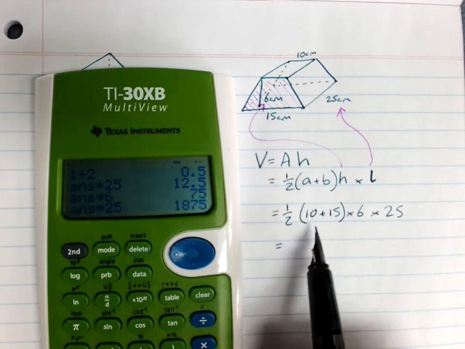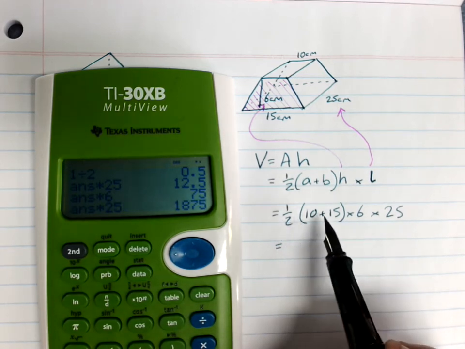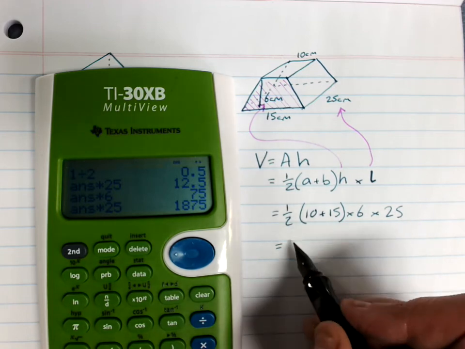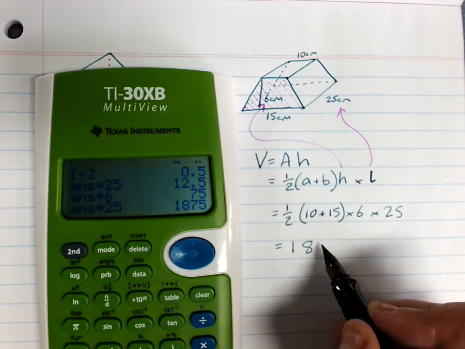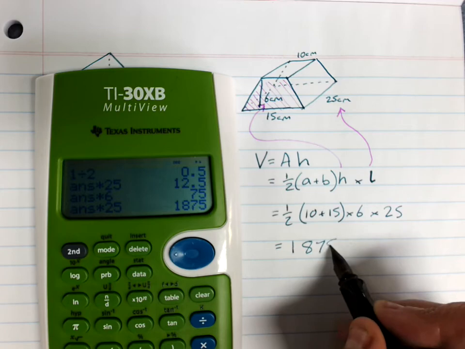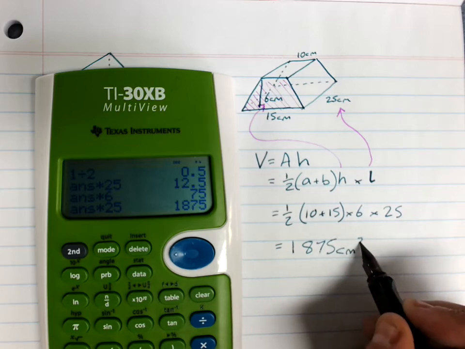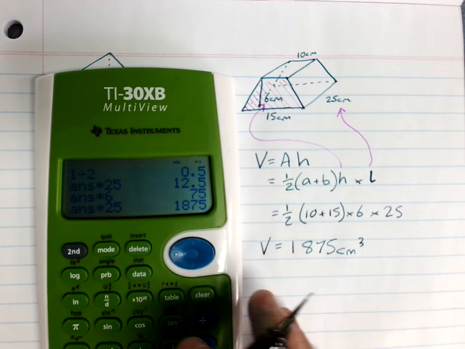So we're just working our way along because this is all multiplying. Half times 25 times 6 times 25, I've got 1875 centimeters cubed. That's our volume.